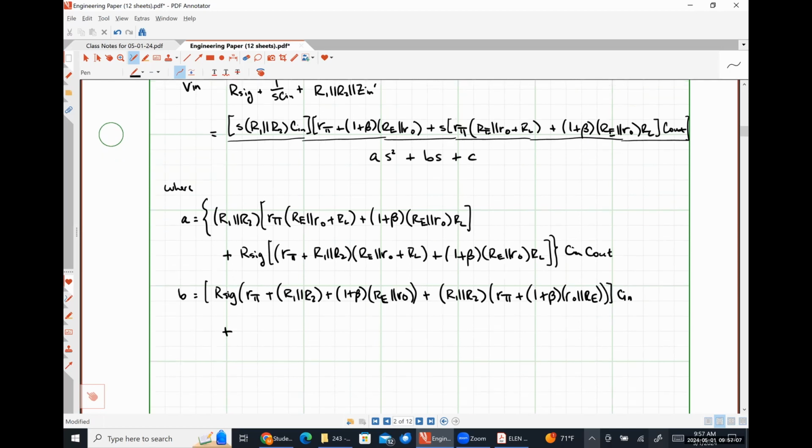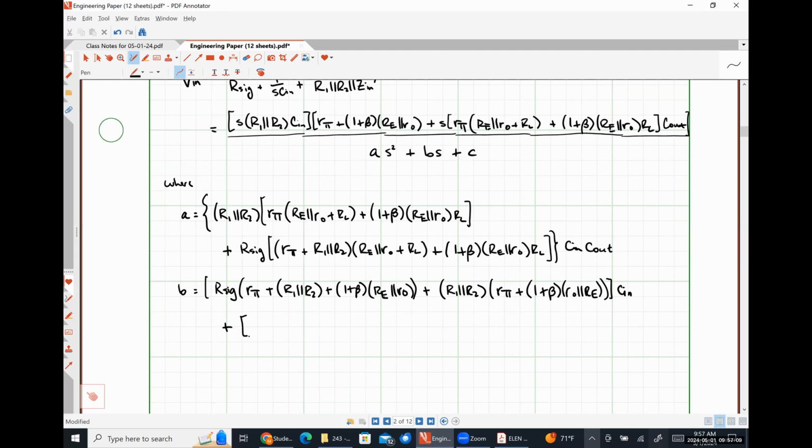plus R pi plus R1 in parallel with R2, RE in parallel with R naught plus RL, plus 1 plus beta RE in parallel with R naught times RL.